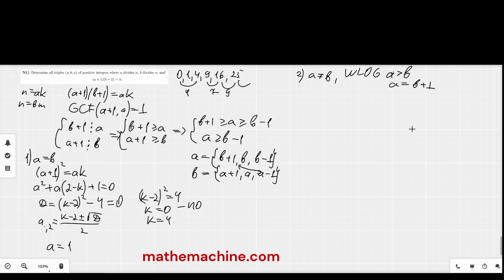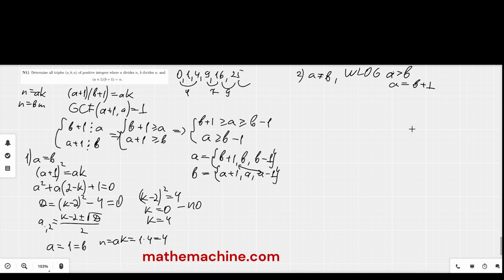Okay, so then let us check. Then b equals 1 also. Then n equals ak equals 1 times 4 equals 4. So we have a triplet candidate, and let us check. a equals 1, 1 plus 1 equals 2, b plus 1, 1 plus 1 equals 2, 2 times 2 equals 4.